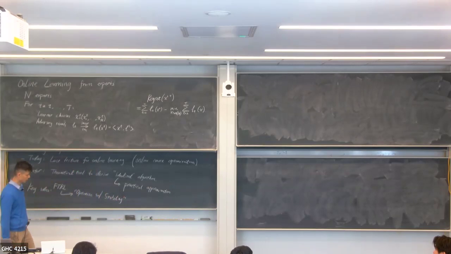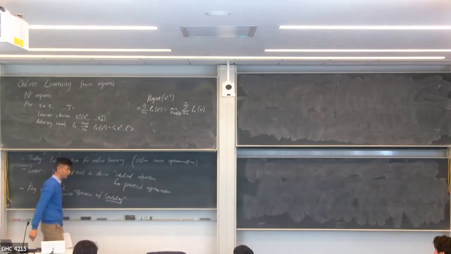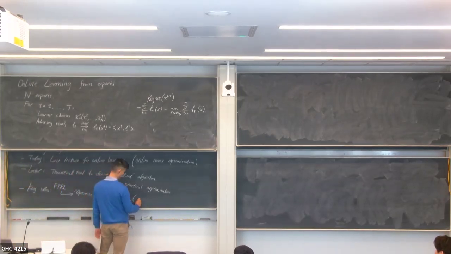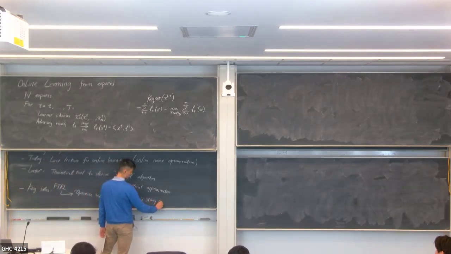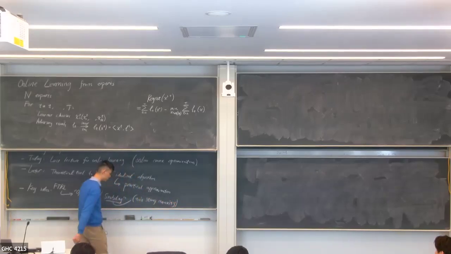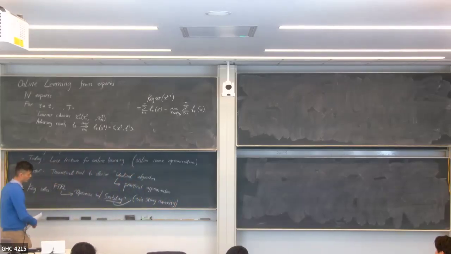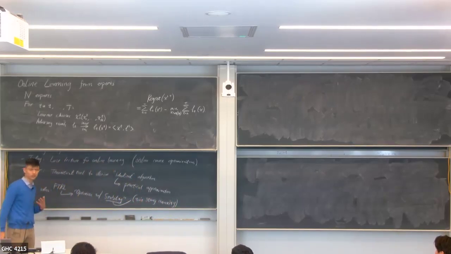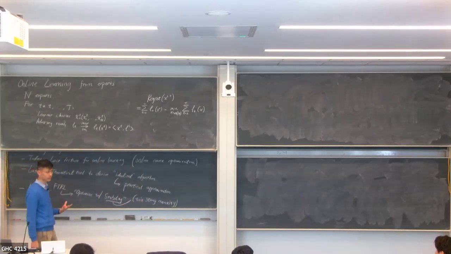The keyword is mostly stability, and the theme that will come up at least twice is the use of this notion called strong convexity. You don't need to know what that is yet. Strong convexity is a strengthening of the convexity condition you have seen in Drew's lecture.